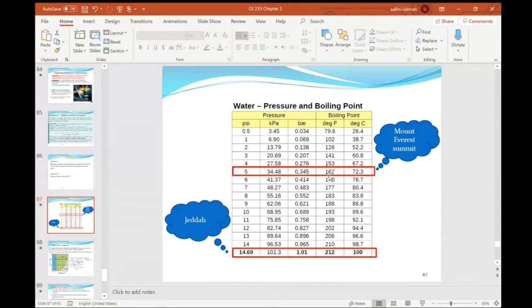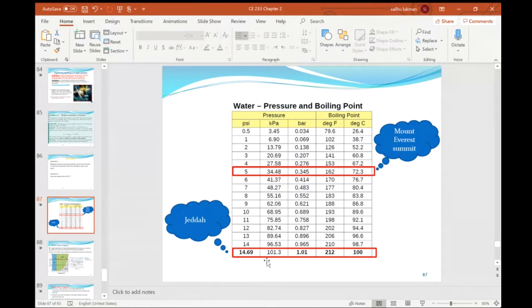At Mount Everest, the pressure is less. Mount Everest is about 8,000 meters, that is 8 kilometers above sea level. So the boiling point of water at Mount Everest is 72.3 degrees Celsius, because the pressure is less than atmospheric.